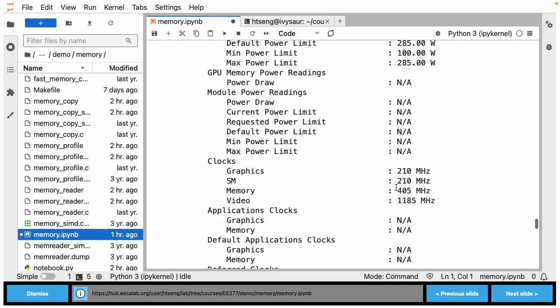And here you can see your memory controller is only running at 400 megahertz. So the GPU doesn't really have fast memory controllers, it's typically that slow. As I said, if you want to support that high bandwidth, your controller doesn't have to be that fast.